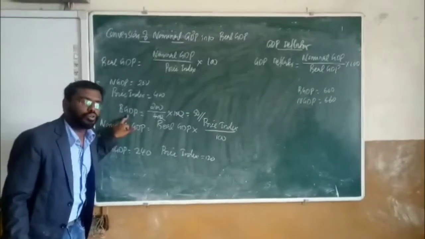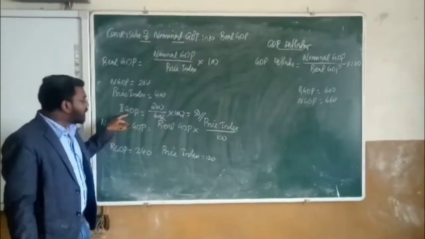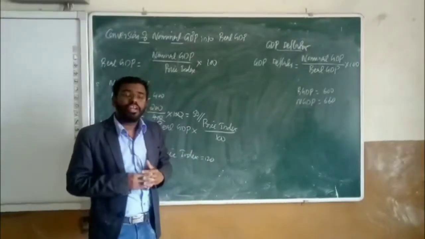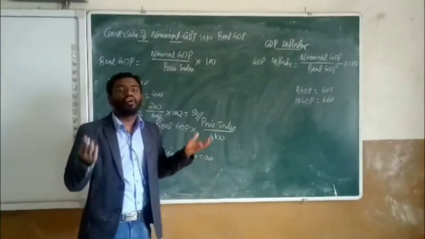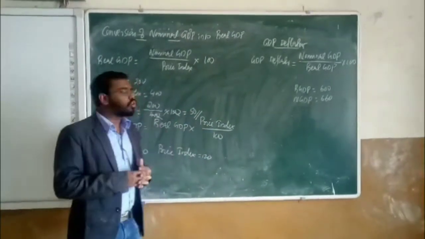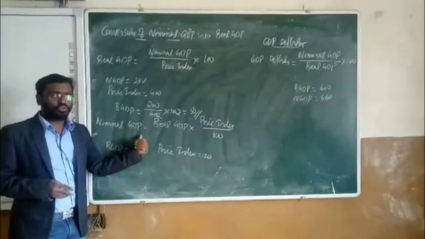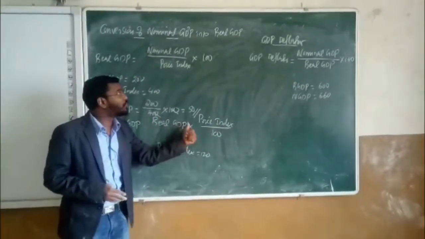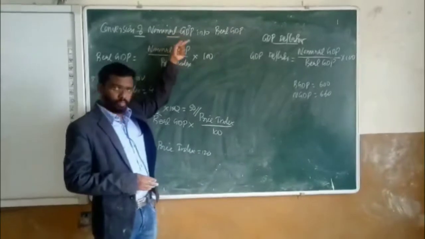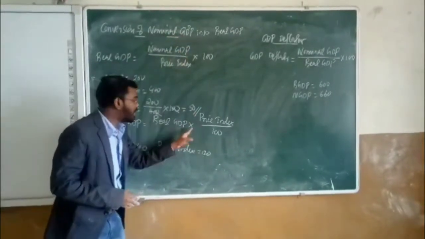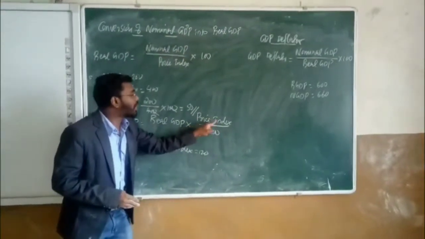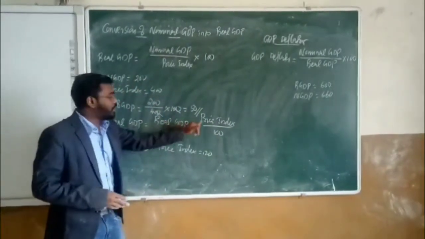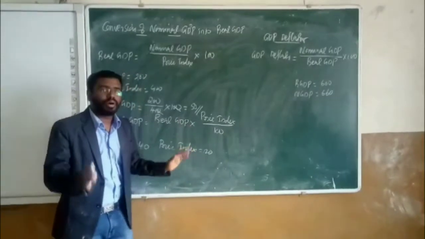Then if we get real GDP, how can we calculate nominal GDP? Nominal GDP is just the opposite of this formula: real GDP into price index divided by 100.